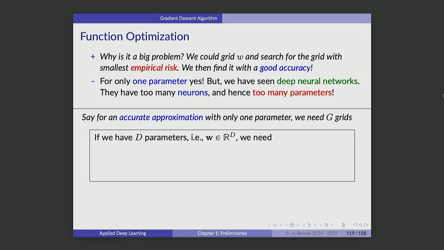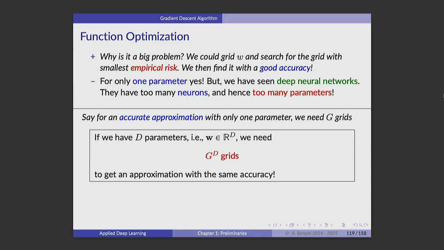What if I go for the third dimension? What's going to happen? It's going to be 1,000. If I go for d dimensions, how many grid points do I need? 10 to power d, right? Now, in general, you would say that I am doing this gridding with g different grids on every axis. To keep the resolution the same, it's not that you are improving it. You're just keeping the resolution the same, like the distance between the points that you are checking is the same.